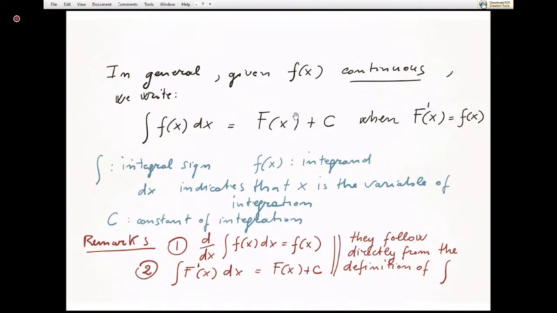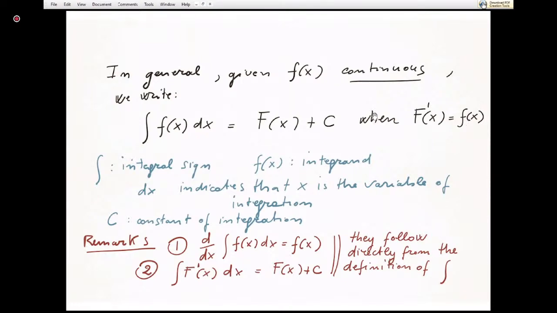Capital F of x is a primitive of lowercase f. And this concept is expressed here. It is a primitive, it means that the derivative of capital F is equal to f of x.